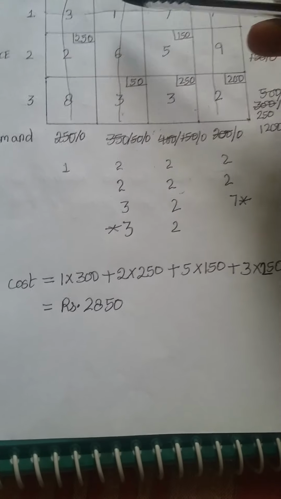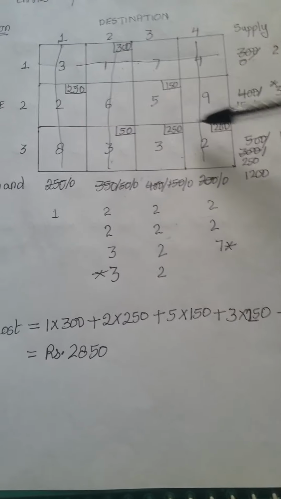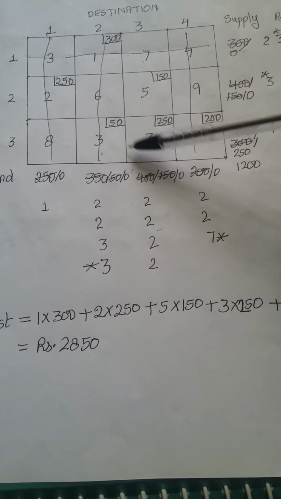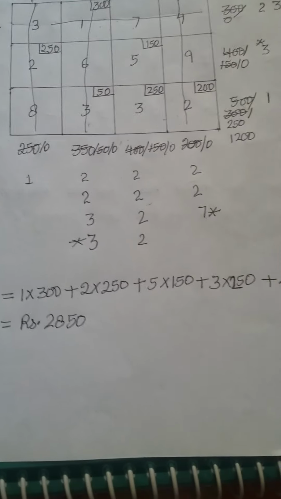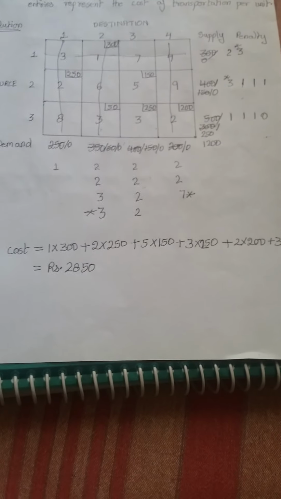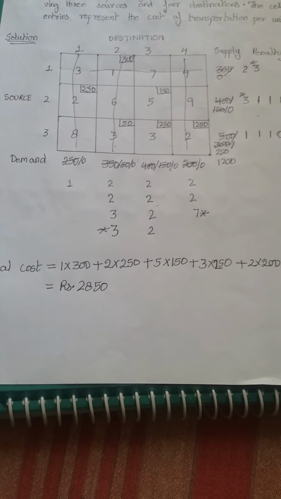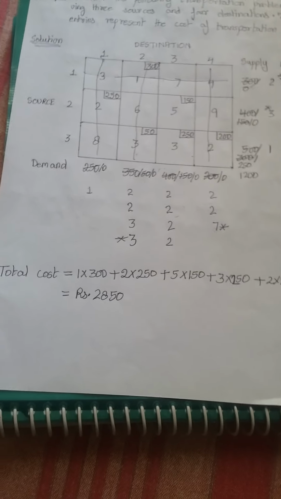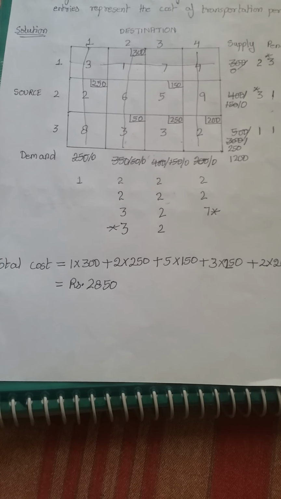The total cost is 1 into 300, then 2 into 250, 5 into 150, 3 into 150, 3 into 250, and 2 into 200. It comes out to be rupees 2,850. So this is how we find the initial basic feasible solution using Vogel's approximation method.